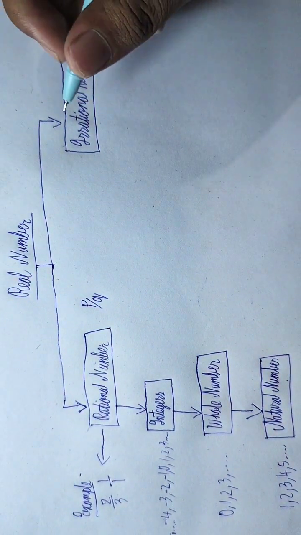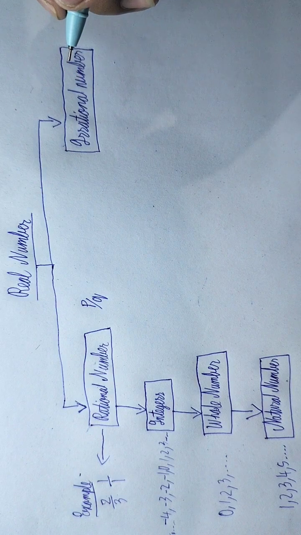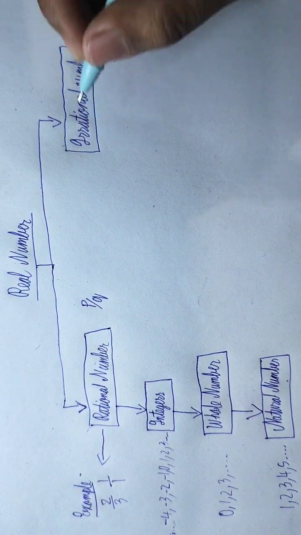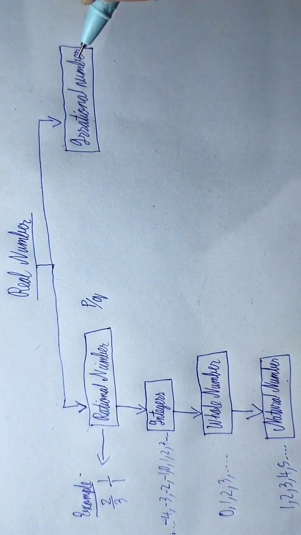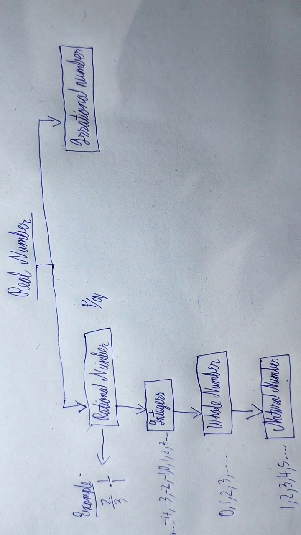Its definition is a number that cannot be represented in p by q form is known as irrational number.